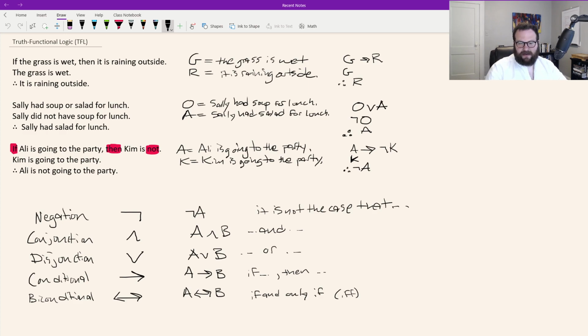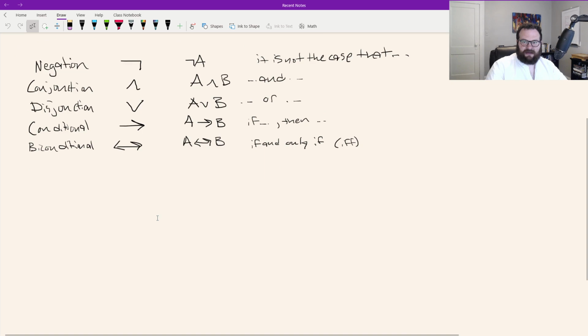Okay? Eventually, we're going to have complicated looking sentences, right? So now that you have your connectives here, you can build many different sentences that can be true or false. You can have as many connectives in a sentence as you want.